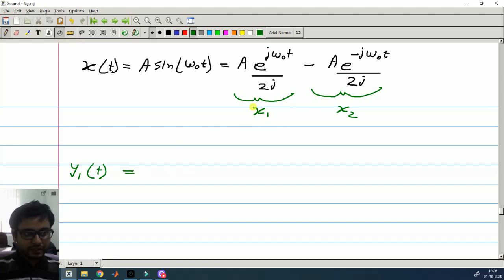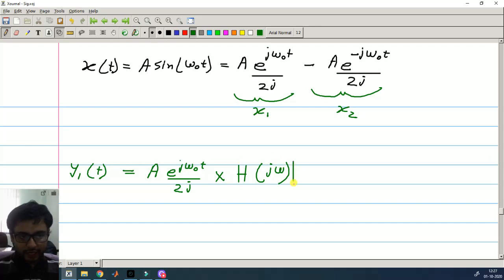That will be this input a e to the power j omega naught t divided by 2j, this input multiplied with a constant. And what is that constant? That is the Fourier transform of the impulse response evaluated at omega equal to omega naught.